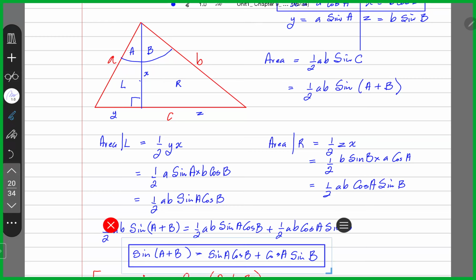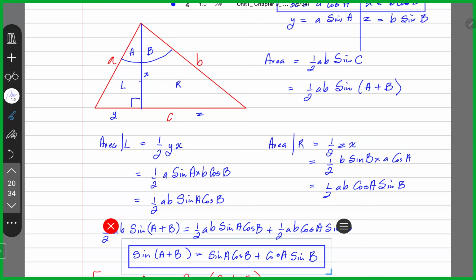You are expected as a part of your syllabus to know how to prove this formula.